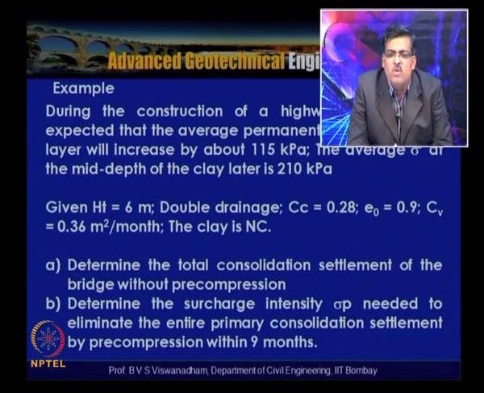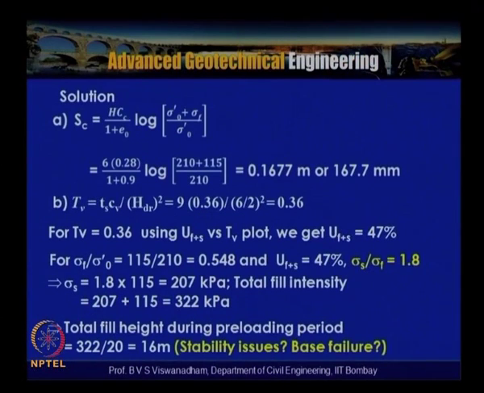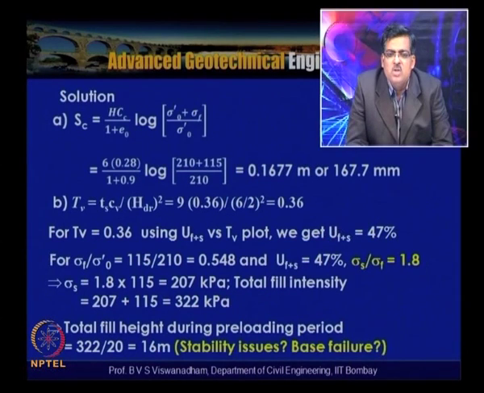Here you notice that the time required for the placement of the fill is defined. So we can calculate the consolidation settlement, and this settlement works out to be 167.7 mm. This cannot be a tolerable settlement for a bridge. Hence, taking T V equal to T suffix S, where the time required for the surcharge is CV by HDR square, we get the time factor.